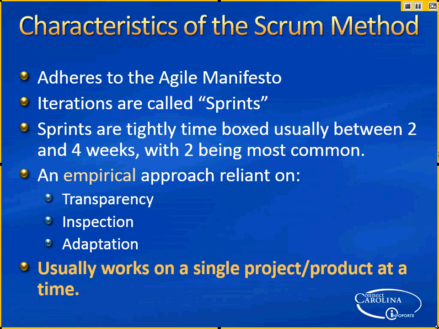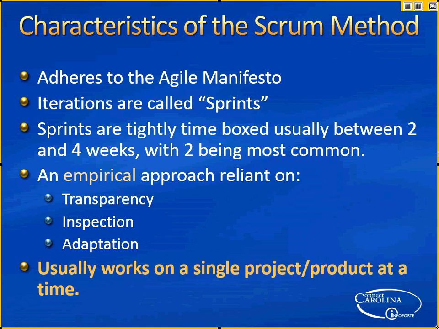And the Scrum method is described as an empirical method that's reliant on transparency. Transparency meaning free communications between the team, like no secrets, everything out there and spoken about.